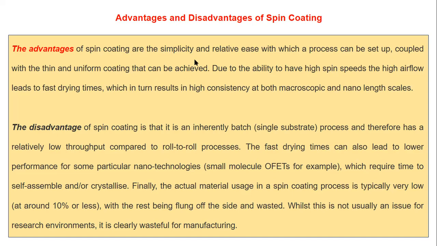Due to the ability to have high spin speeds, the high airflow leads to fast drying times, which in turn results in high consistency at both macroscopic and nano length scales. At this high rotation per minute, the spin coating system itself dries the substrate because of the RPM.